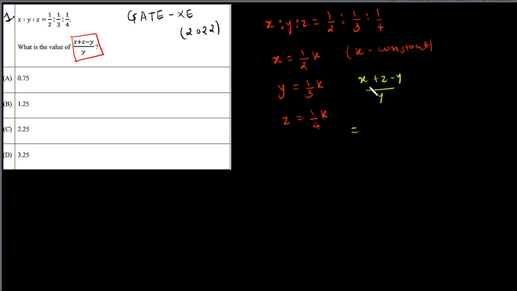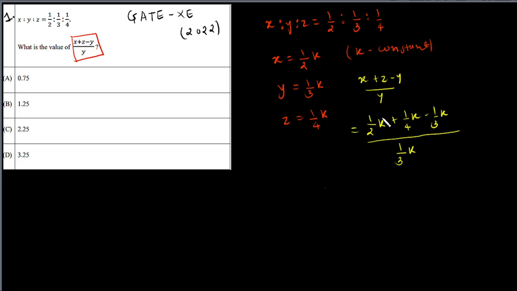Let's replace x, y and z with these values. So we get (1/2 times k + 1/4 times k - 1/3 times k), and we divide this whole term by y, which is 1/3 times k.